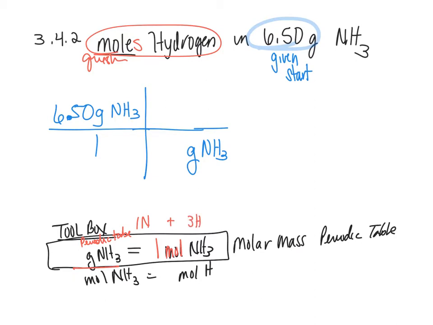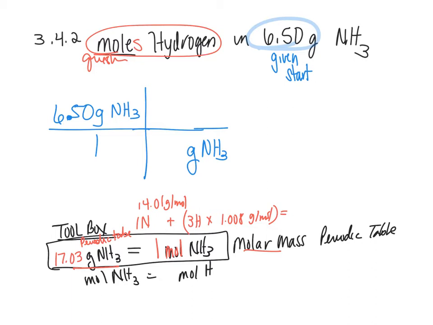So nitrogen, you get your periodic table, you'll see it's 14.01 gram per mole, and hydrogen is 3 times 1.008 gram per mole. And if you total that up, so 3 times 1.008 plus 14.01, you get 17.03 grams of ammonia for 1 mole, and that's your molar mass.